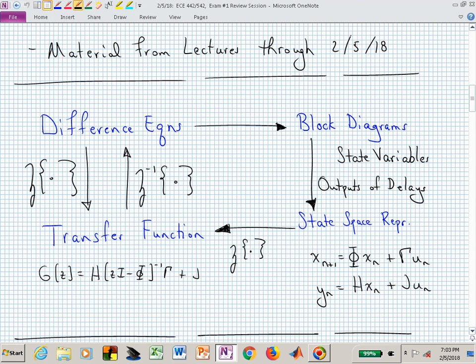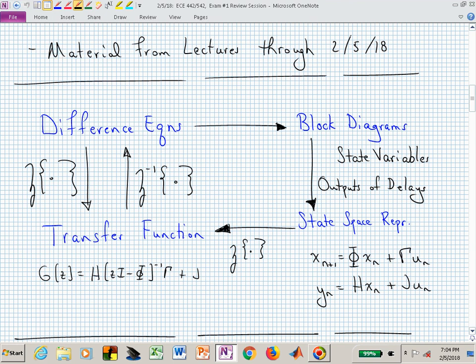One of the nice things about that direction, going from state space to transfer function, is it actually gives you a way to check your state space. We could have 20 different state space representations for exactly the same system, and they may not be equal states, the same state space representation.